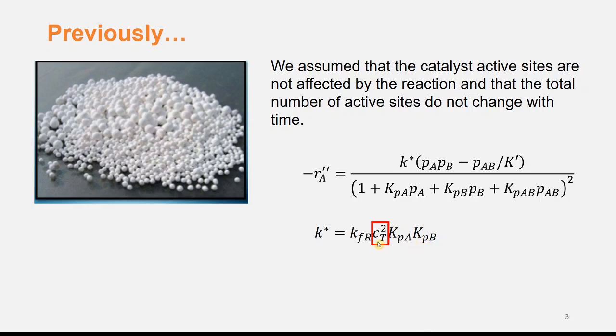We assumed that CT, the concentration of all sites, was constant, meaning it does not change with time. In other words, we assume that the catalyst activity remains constant throughout the catalyst's life.